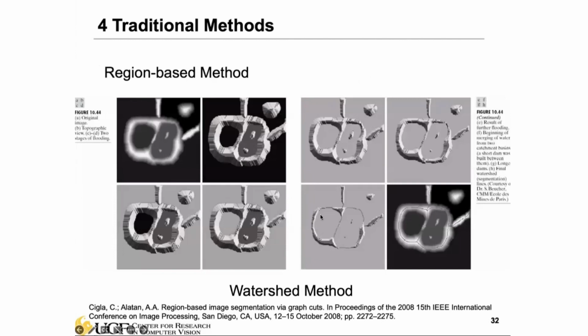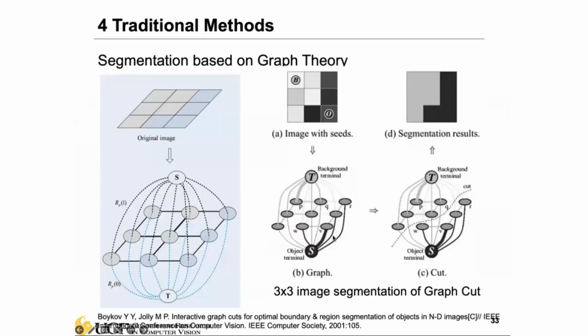And we can also have region-based methods. We can group pixels into regions, then use that as the segmentation. So there is the watershed method as a region-based approach to do the segmentation. And we can also use some advanced theory, like graph theory.